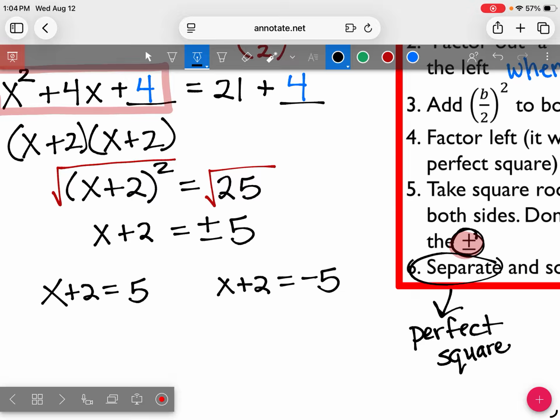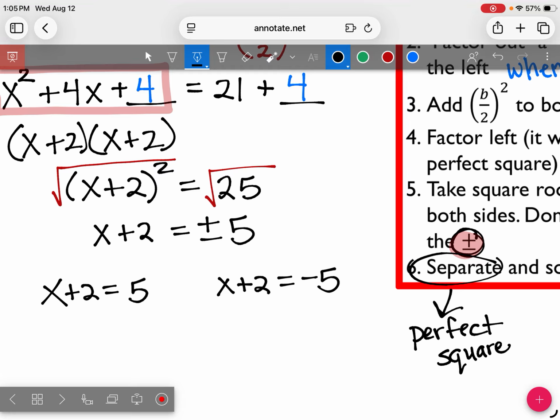So when we subtract 2, okay. So now we're ready to solve it.